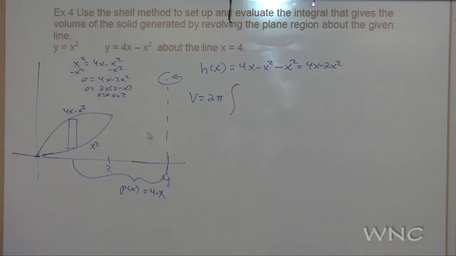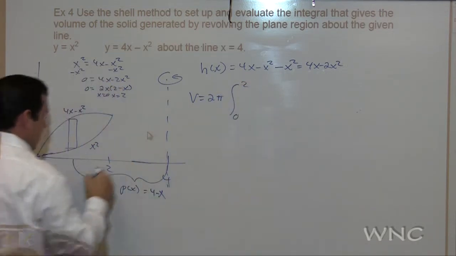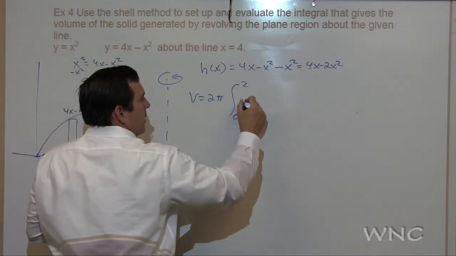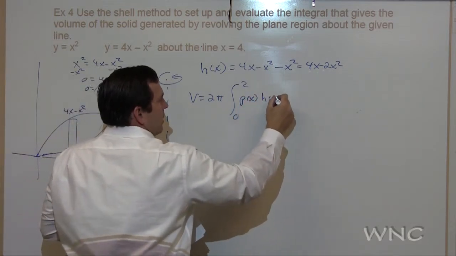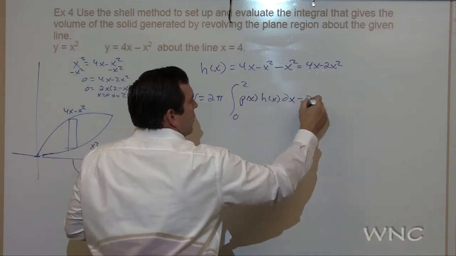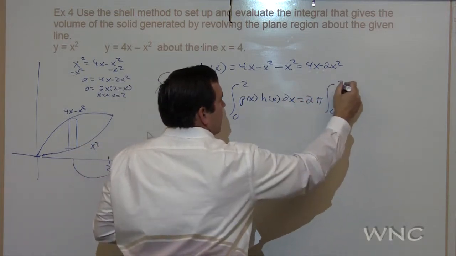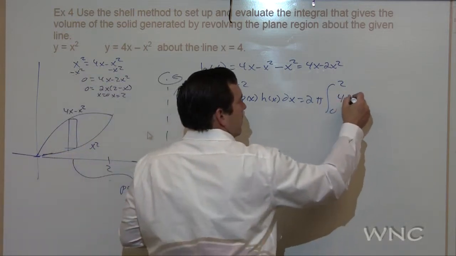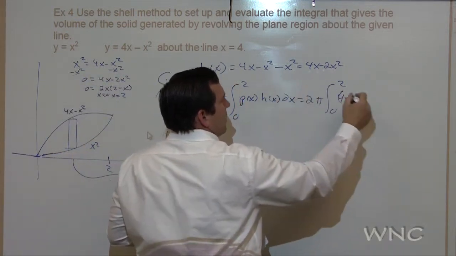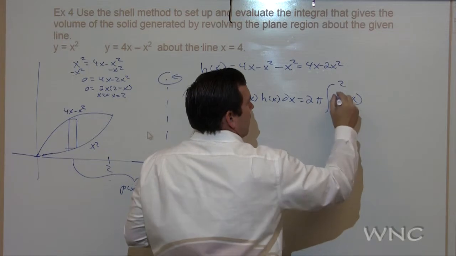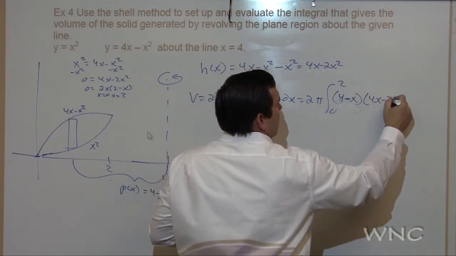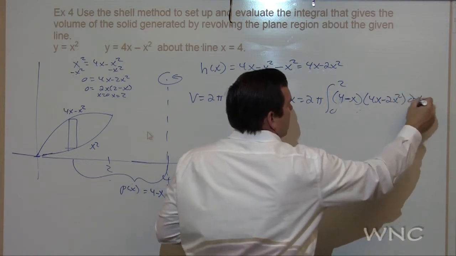Okay, so our volume is 2 pi times the integral from 0 to 2, because x is going from 0 to 2, of p of x times h of x dx. So 2 pi times the integral from 0 to 2. P of x is 4 minus x. H of x is 4x minus 2x squared dx.